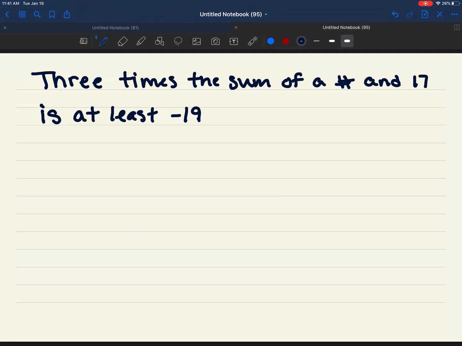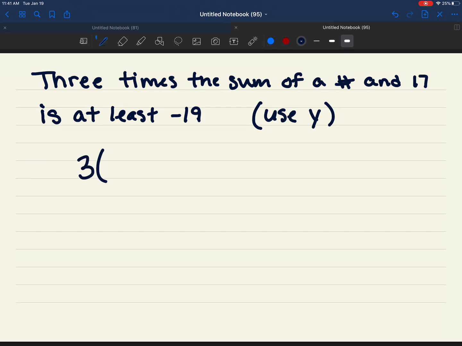Does anyone think that they can translate this into an inequality? You don't have to solve, you just have to write it out. We're going to use y as our variable. Anybody think they can do it? Come on, you had a problem exactly like this, you guys, on your quiz.